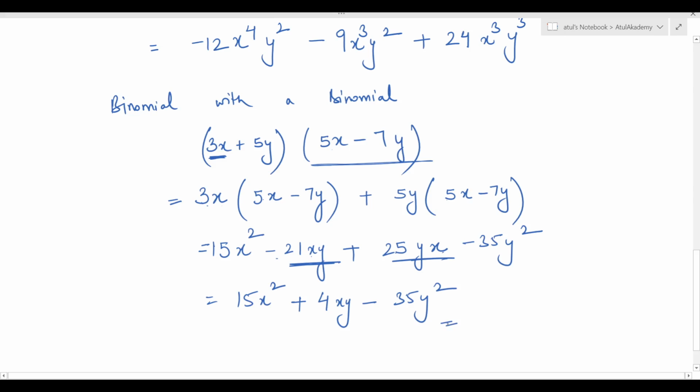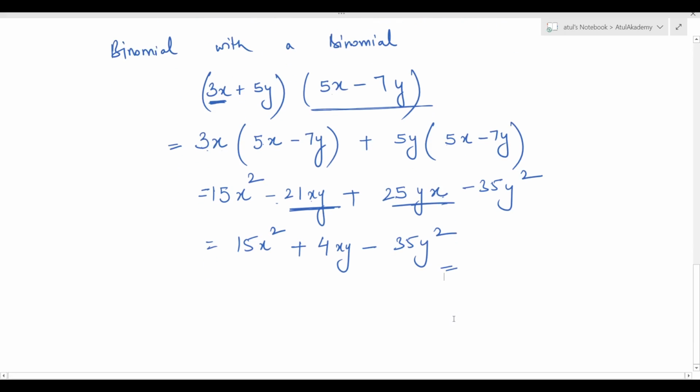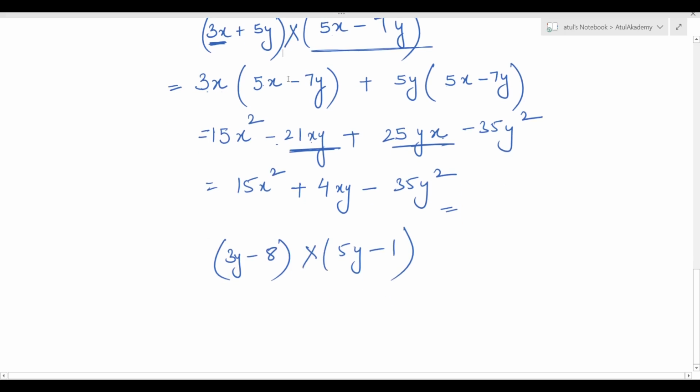Let's take an example in which the first term has a negative sign also. Let us take an example like this: 3y minus 8 multiplied by 5y minus 1. There is a multiplication sign in between. I have not put it over here because we are doing the product. So let's multiply 3y. Again it will be multiplied by both, 5y minus 1. Minus here I will write because this is having a minus sign.